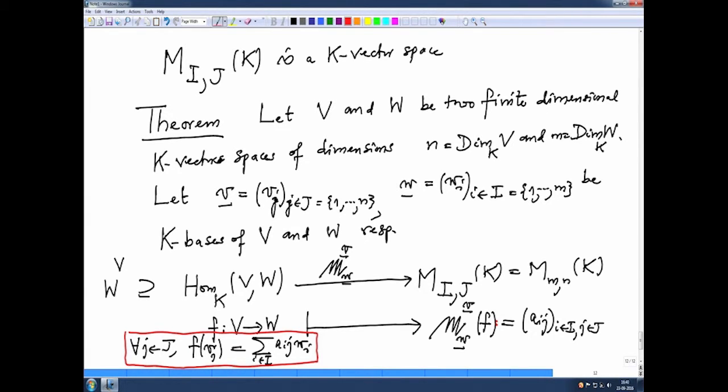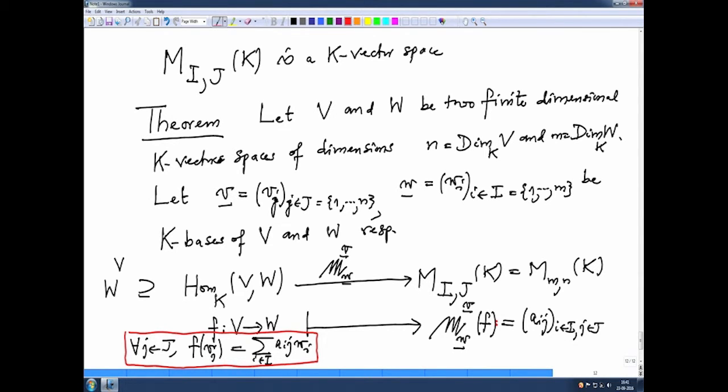Now I am going to prove that this map is a k linear map, and then we will check that this is actually a bijective map. So it will be an isomorphism of vector spaces, and therefore we can compare the dimensions. This dimension we already know. This dimension is the product of the dimensions.